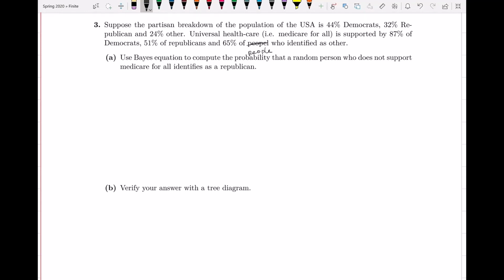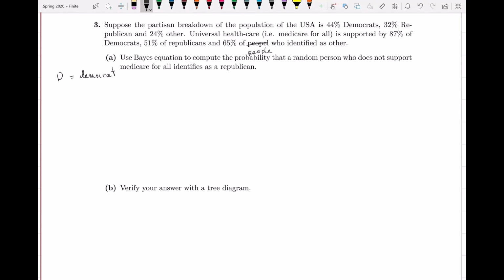Okay, so use Bayes' equation to compute the probability that a random person who does not support Medicare for All identifies as a Republican. Well, we'll have to name our events here. So let's say D is the event that a randomly selected person is a Democrat, or identifies as a Democrat.